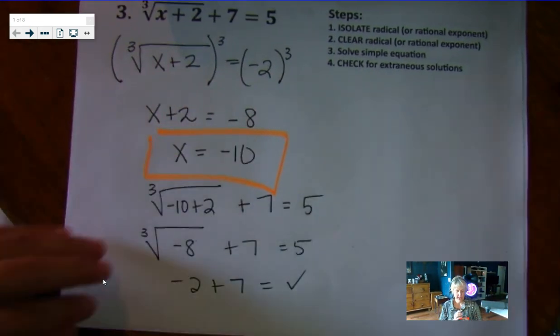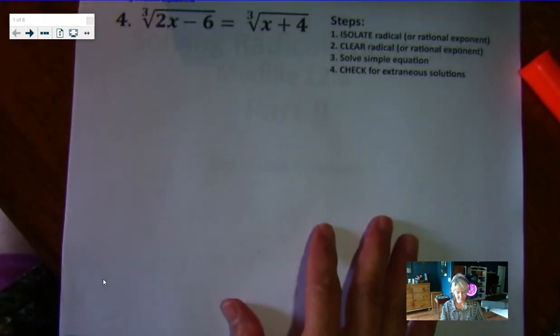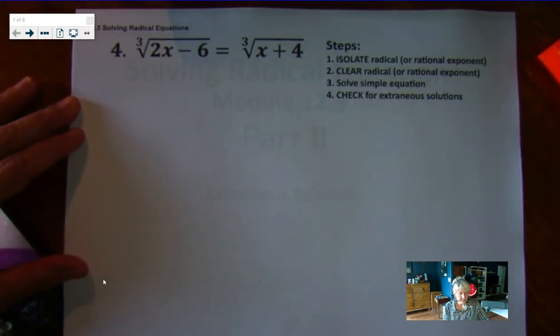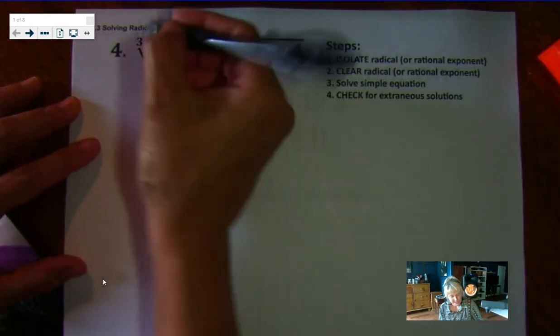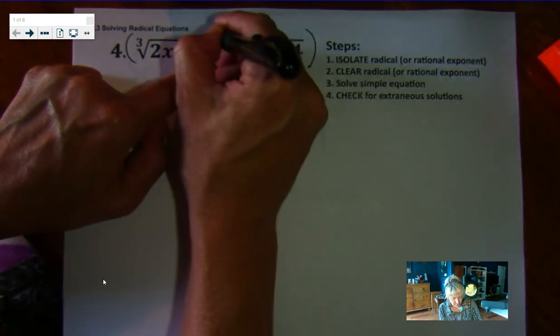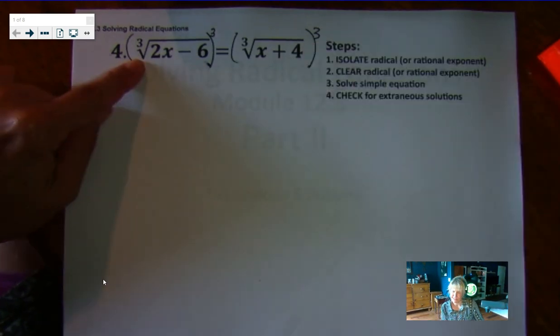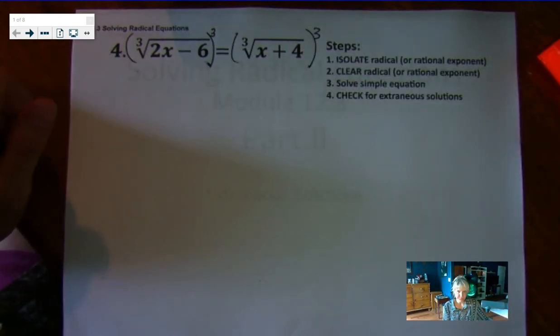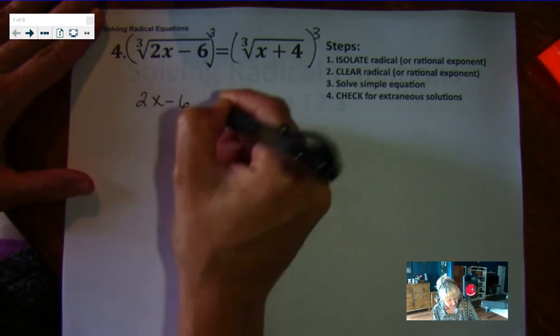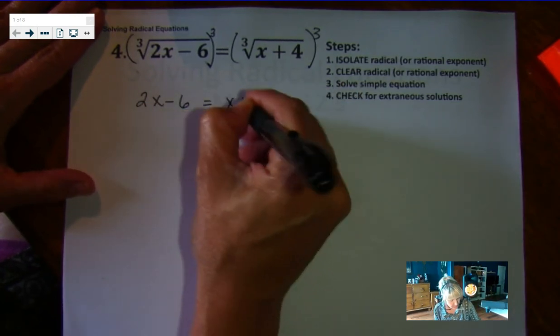Let's go ahead and take a look at number 4. So on number 4, isolate the radical. That's already done for us. So remember, this is going to be raised to the third power because it's a cube root. So now we're dealing with 2x minus 6 equals x plus 4.